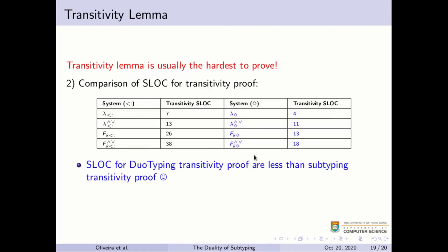In general, the lines of code for the duotyping transitivity proof are fewer than for the subtyping transitivity proof. And we also do not need double induction in the function case to prove transitivity, because, as we saw, the subtyping rule for functions is not contravariant.